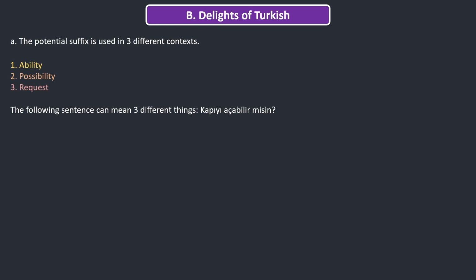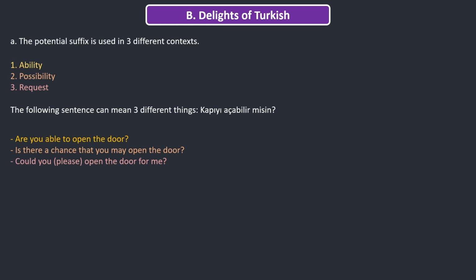Okay, we don't know, but logically speaking, unless there's a context about it, unless someone is questioning your skills, this is possibly about a request, but technically it could mean all of this. Are you able to open it? Like, is there a chance that you may open the door? Because the possibility meaning. And then request, please. But usually when someone asks this, they are asking, can you please open it?